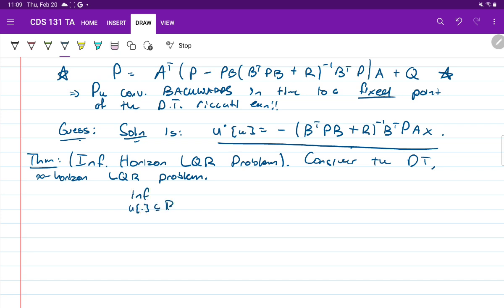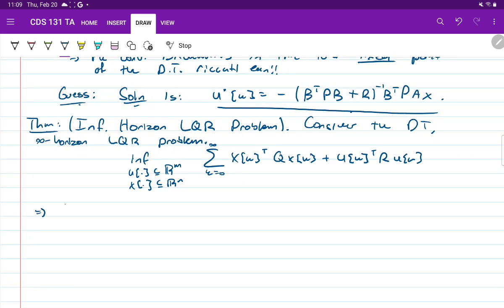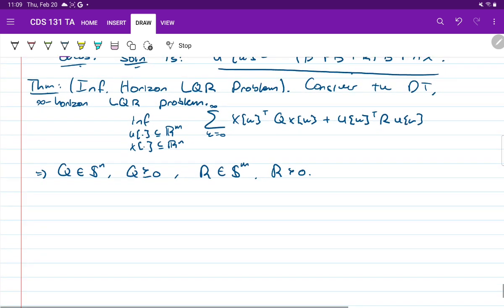So I'll say the infimum over u in R^m, x in R^n, of our infinite horizon LQR cost, sum from k equals 0 up until infinity of x at time k transpose Q x at time k, plus u at time k transpose R u at time k, where here Q will be a symmetric n by n matrix, which is positive semi-definite. And R will be a symmetric m by m matrix, where as standard, R will be strictly positive definite.